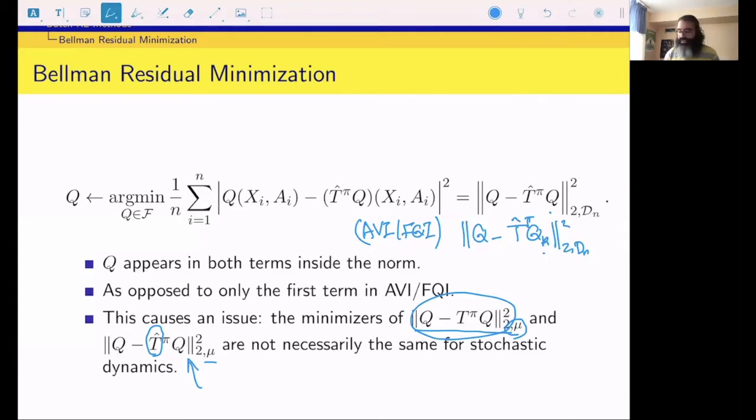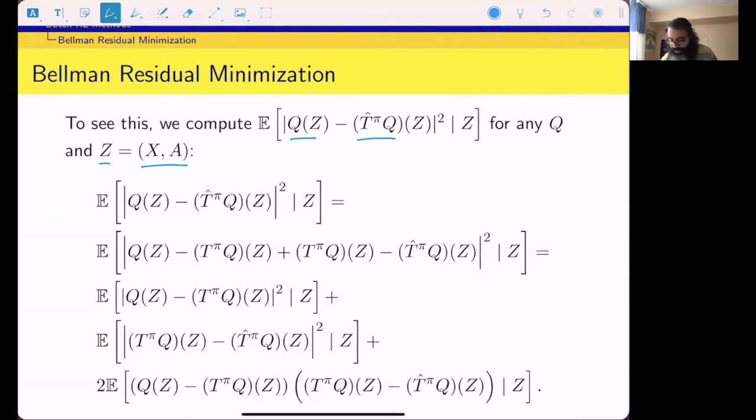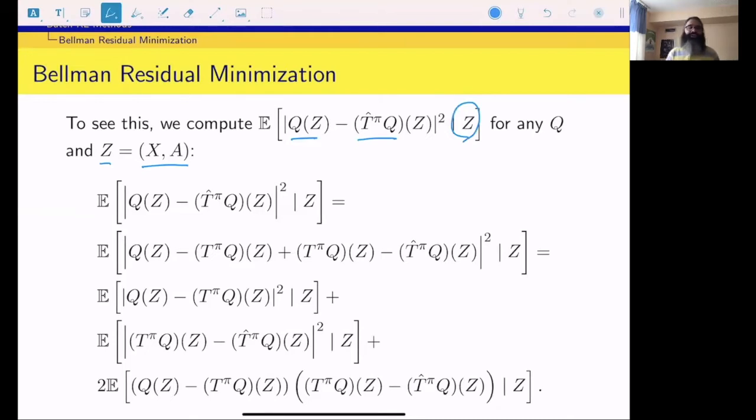So let's see why this is the case. When we go through it, it becomes clearer what the difference between them is. To see this, we compute it just for one state-action pair. I call Z equal to X and A just to shorten the notation. I'm computing the squared error of Q minus T hat pi of Q, both evaluated at Z, conditioned on Z. By conditioning on Z, I'm essentially saying that Z is not random.